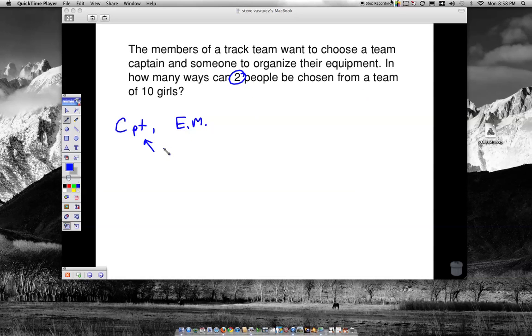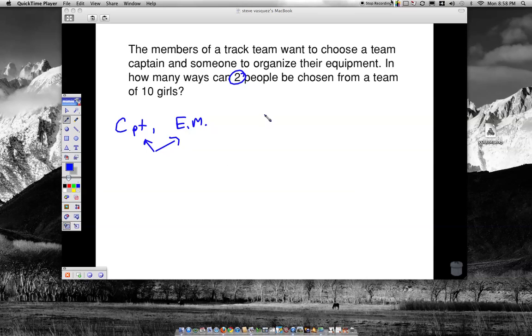One of them needs to be captain, one of them needs to be the equipment manager. We can't repeat the objects, and the order does matter, because if I first pick them to be captain, then I can't pick them to be the equipment manager.